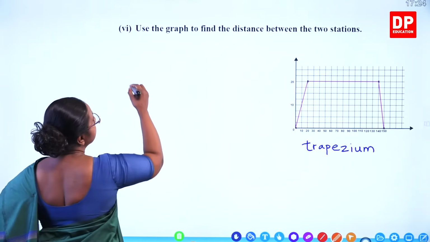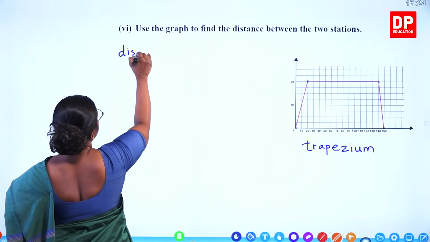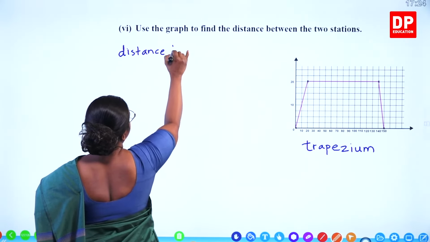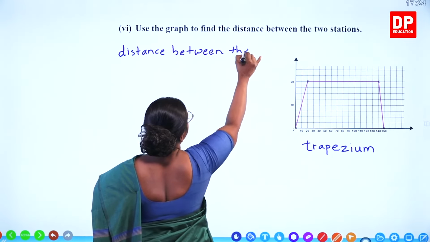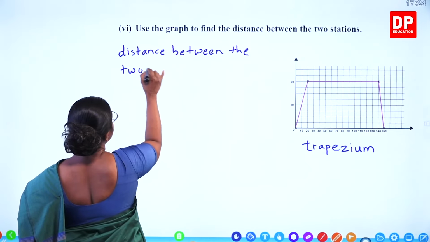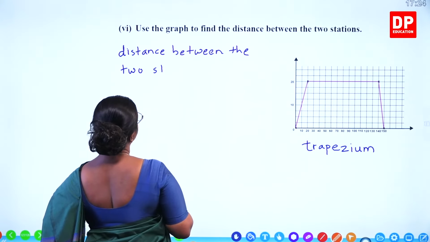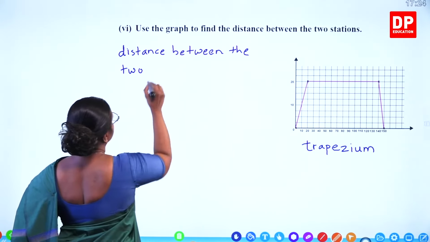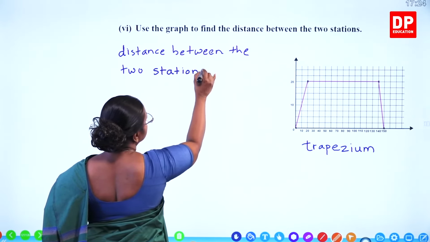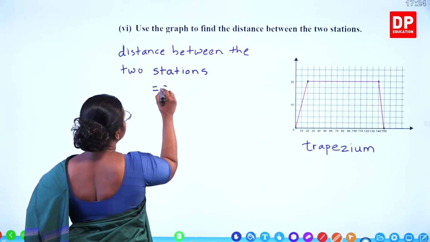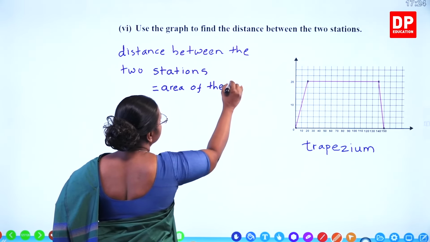So total distance or the distance between the two stations. Distance between the two stations is equal to area of the trapezium.